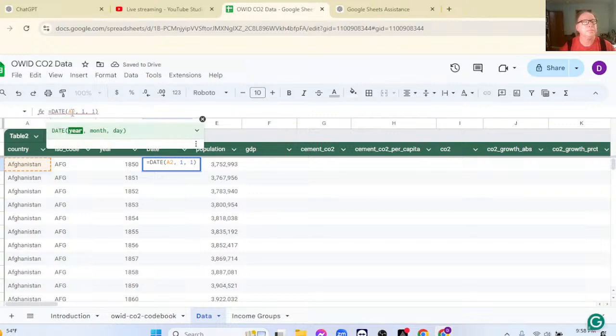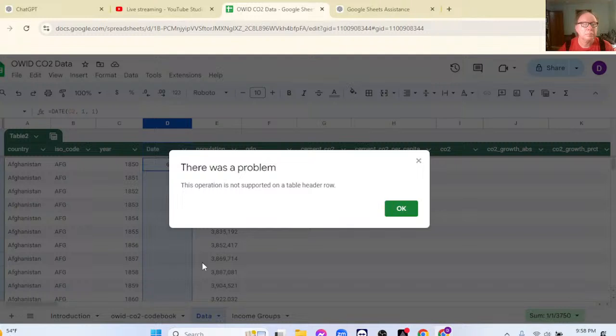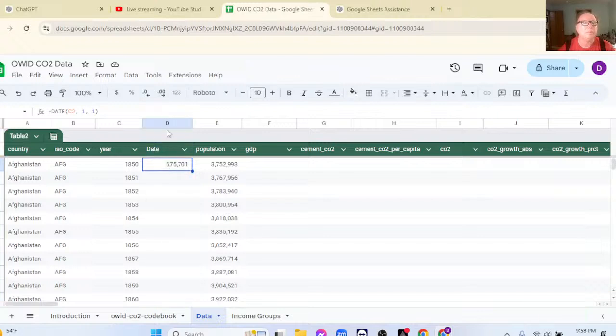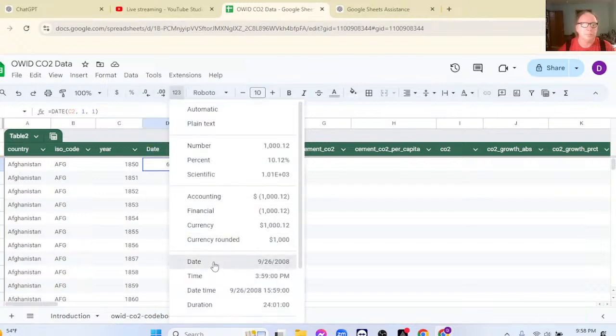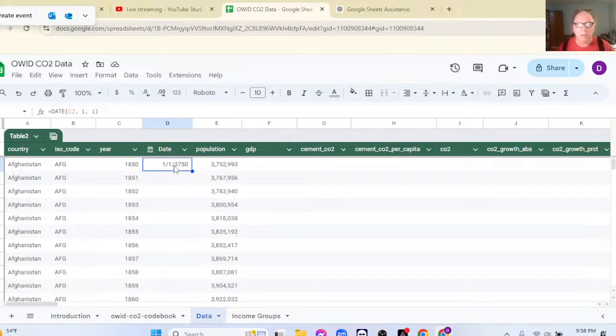Oh, let's see. Okay. One thing that's interesting is the start date from the standpoint of the software. The earliest date you can go back to is different for Excel and in Google Sheets, okay?